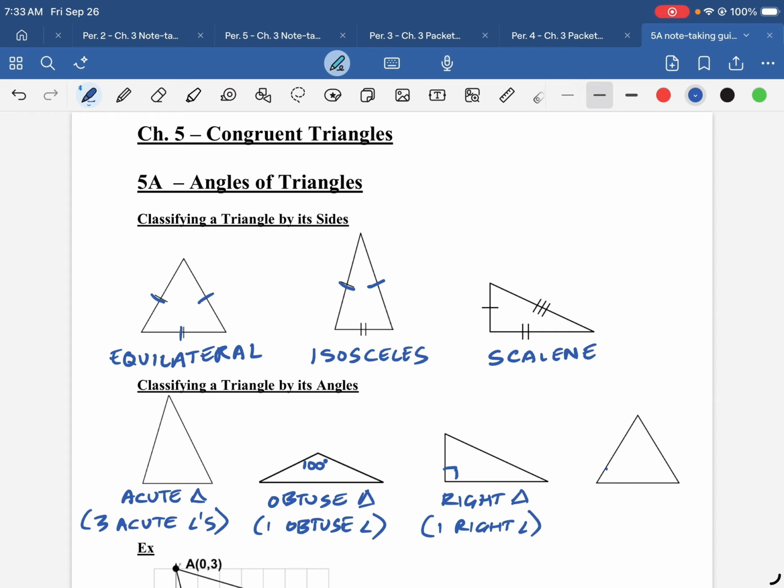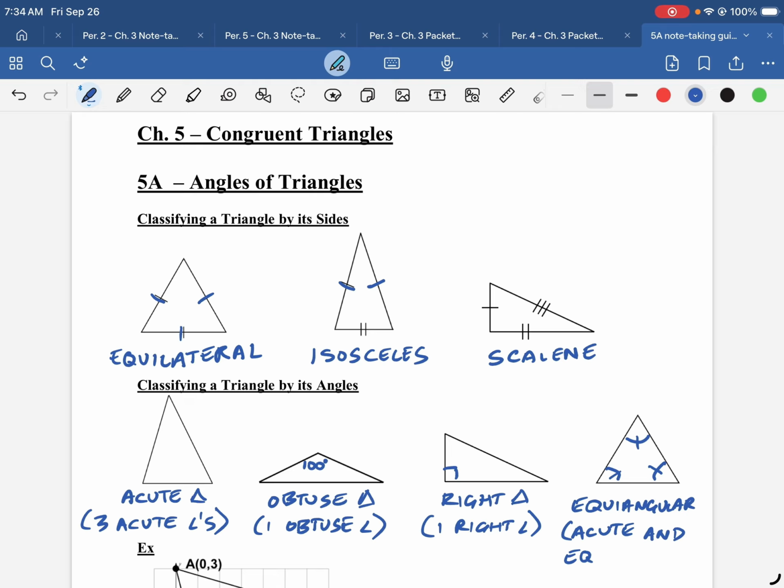If all 3 angles are congruent to each other, then this is going to be an equiangular triangle. You could also say that it's an acute triangle because those 3 angles all have to be 60 degrees. That's the only way it's going to work out, and we'll talk about that more later. But it's also going to be equilateral.